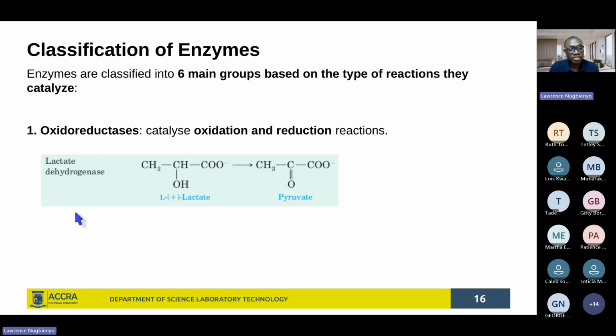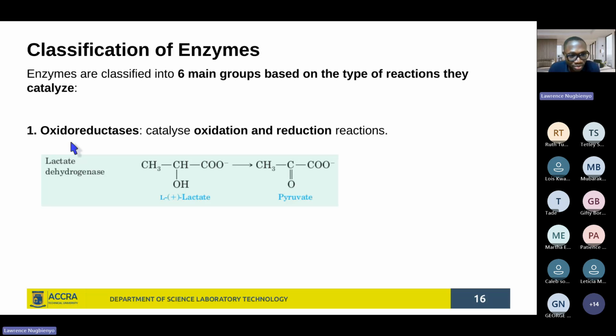So this time around, this classification too is based on the types of reactions that the enzymes are catalyzing. And you see the first group, oxidoreductases. These are enzymes that catalyze oxidation and reduction reactions, what we commonly refer to as redox reactions.